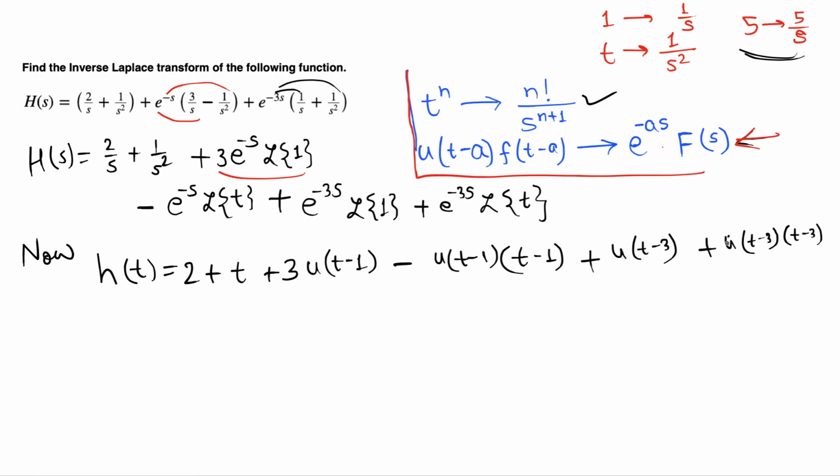Again, this is u(t minus 3), and this is a factor t minus 3. You may have seen sometimes we write u_3(t), that's the unit step function. There is another notation, u_1(t), this is u_3(t). An alternative notation for the unit step function. Anyways, this is the answer.